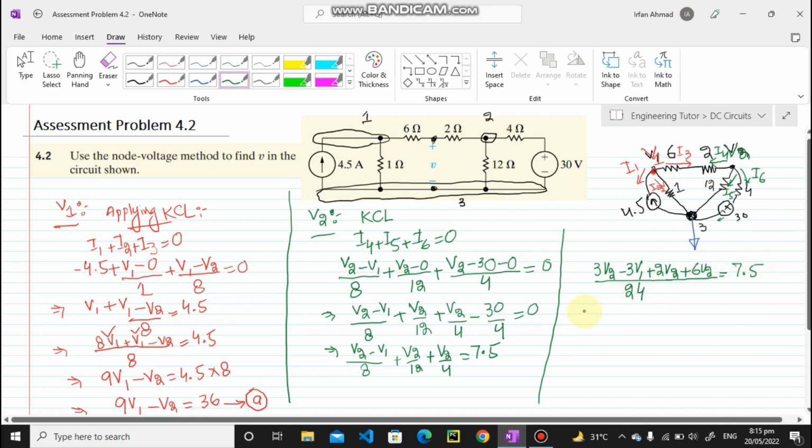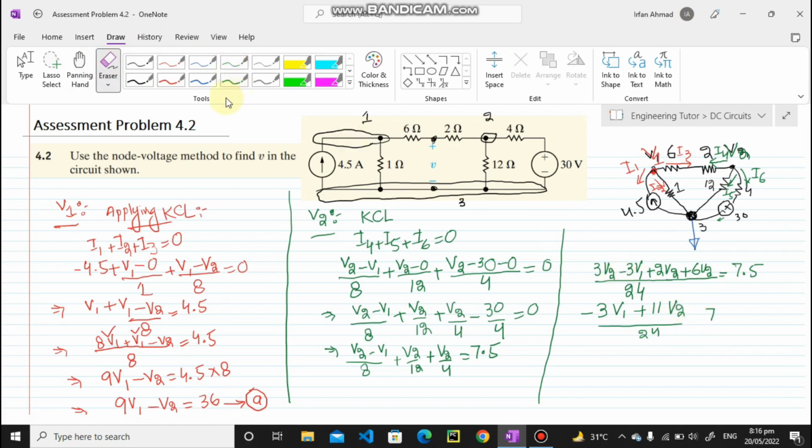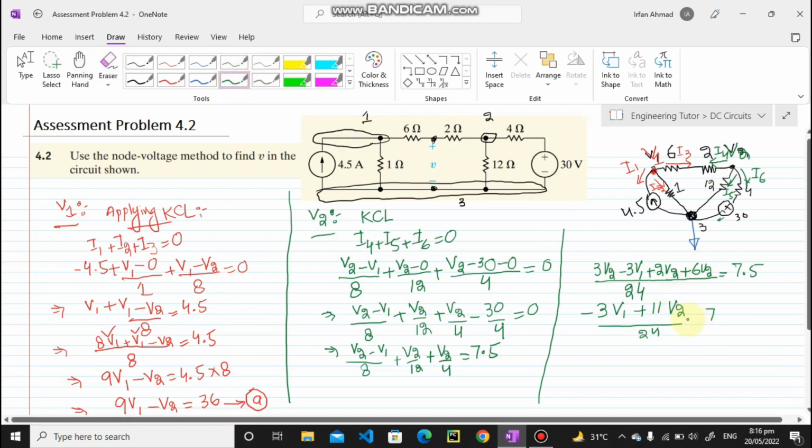Okay, so now 3V2 plus 2V2 is 5V2, plus 6V2 is 11V2, so we will have minus 3V1 plus 11V2 divided by 24, and this is the equal sign, 7.5.